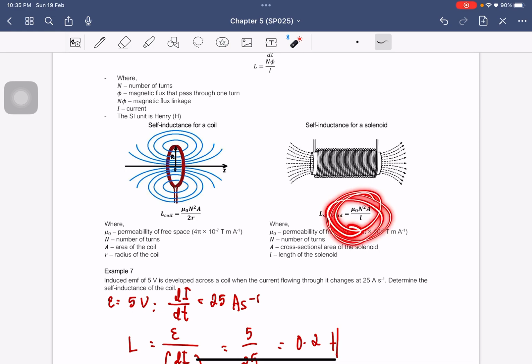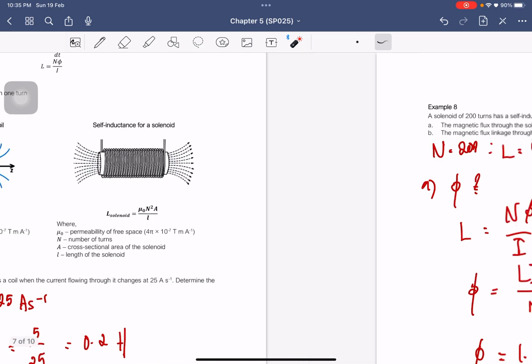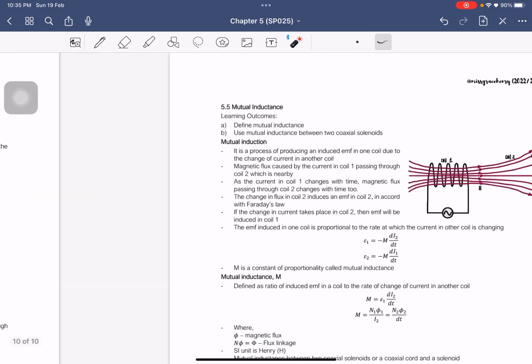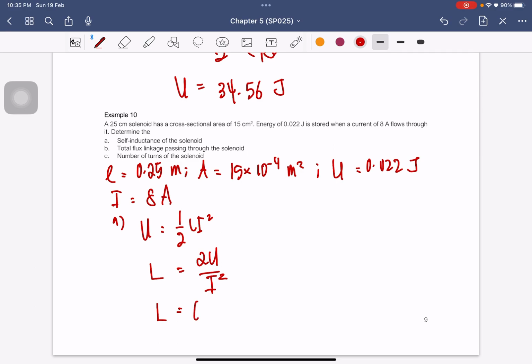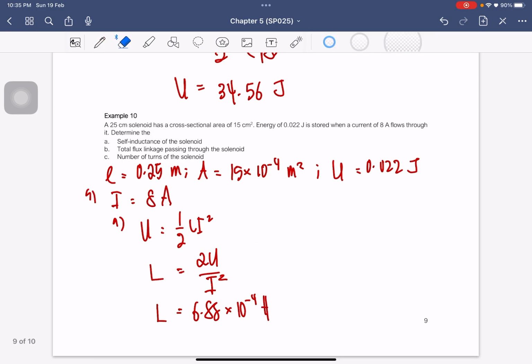So this formula is not enough since we do not have the value of the number of turns. So what we do is use the energy formula to find L. U is equal to half Li square, so L is equal to 2U over I square. Here you will get the self-inductance to be equal to 6.88 times 10 to the power of negative 4 Henry. Okay, that is question A.